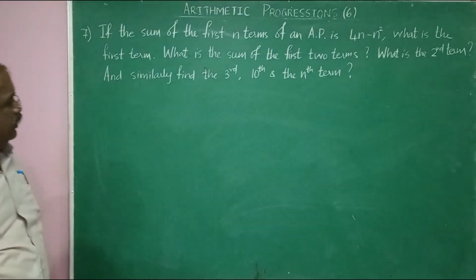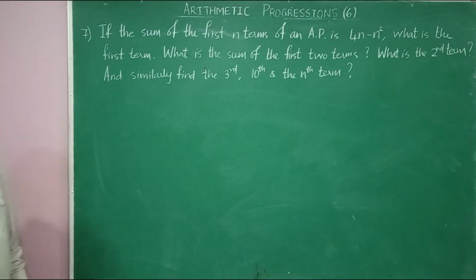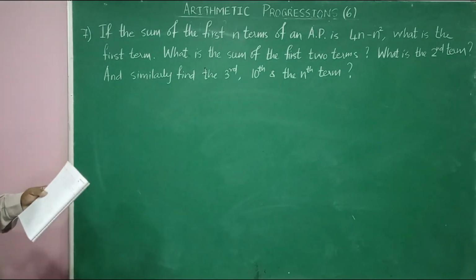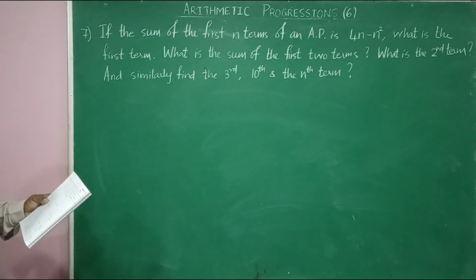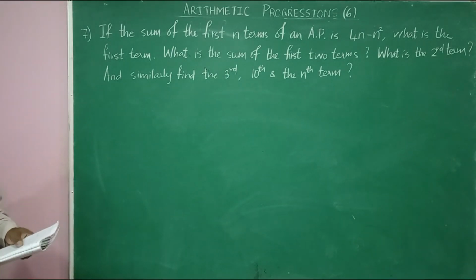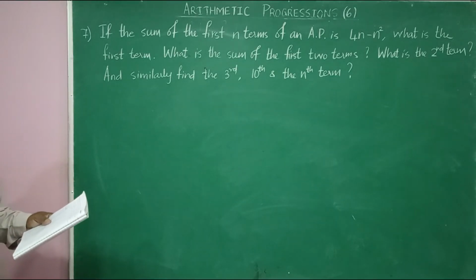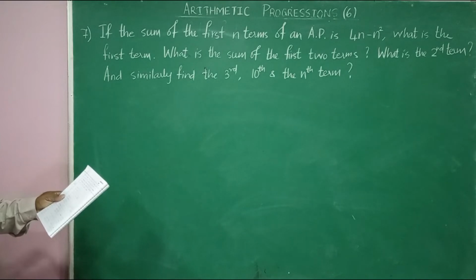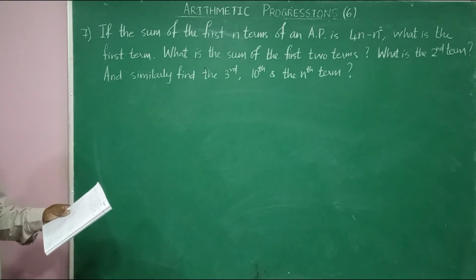Let me read the question. If the sum of the first n terms of an AP is 4n minus n square, what is the first term? What is the sum of the first two terms? What is the second term? And similarly find the third term, 10th term and the nth term.